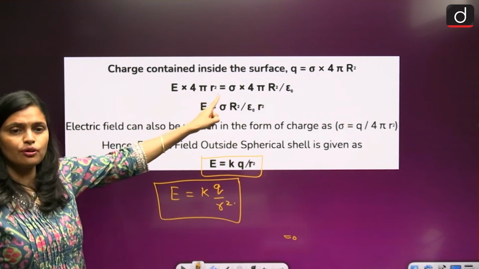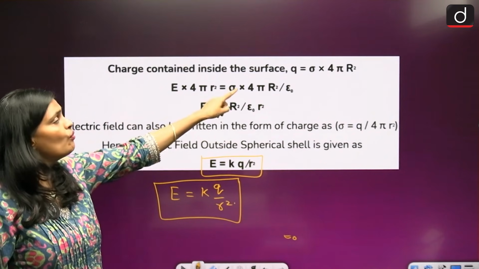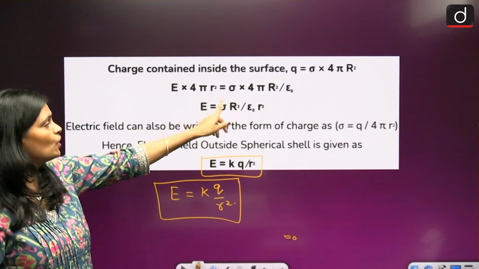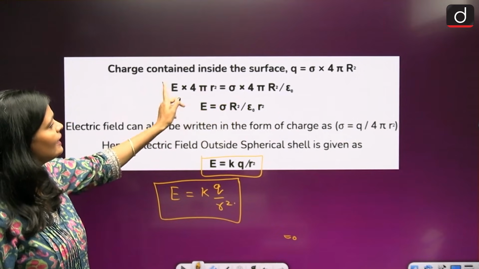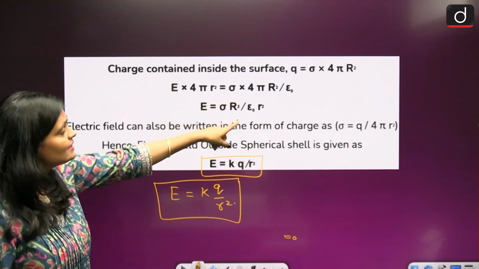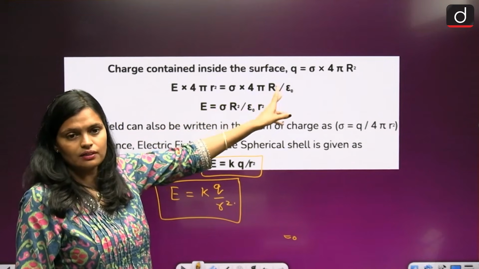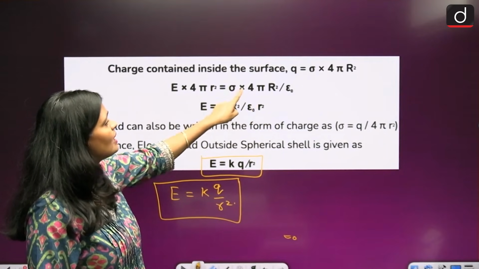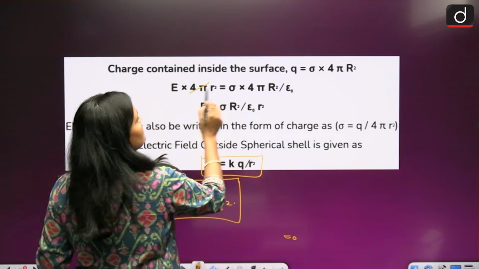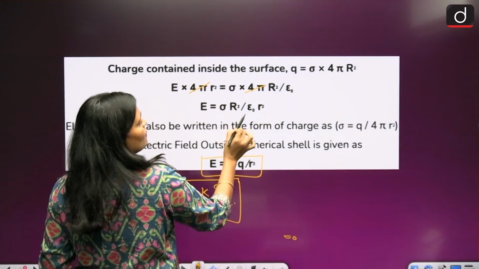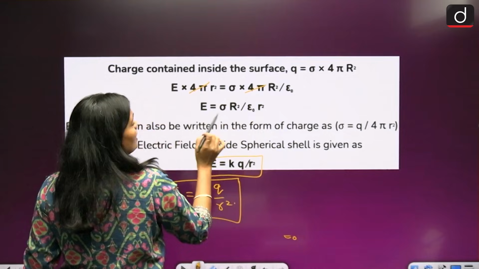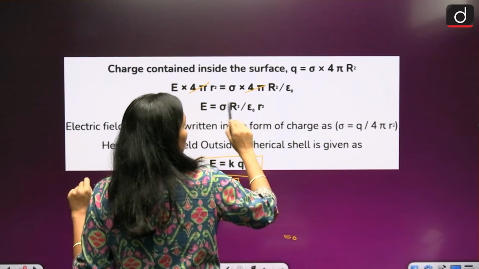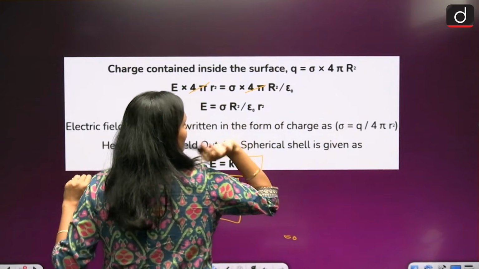E into A, 4 pi r square. Now it is sigma into 4 pi R square, this is the value of Q, and this is the value of Q by epsilon naught. So from here, E is equal to sigma R square by epsilon naught r square. This is capital R square, and this is small r square. The 4 pi cancels out. Now the electric field can also be written like this: Q is equal to sigma 4 pi R square.